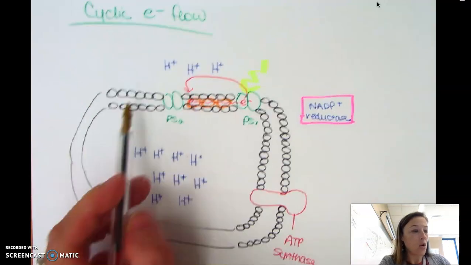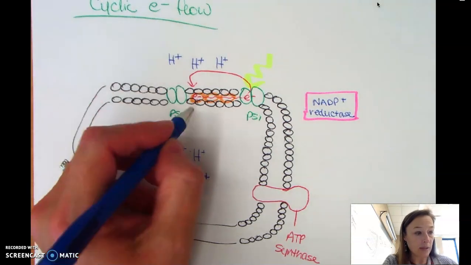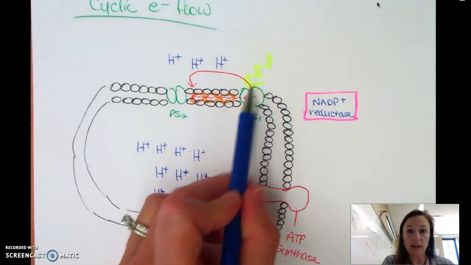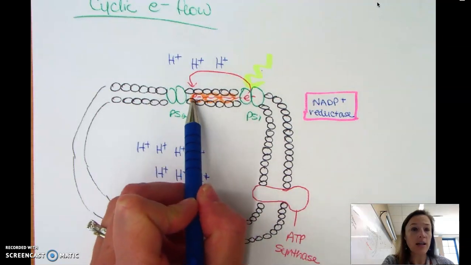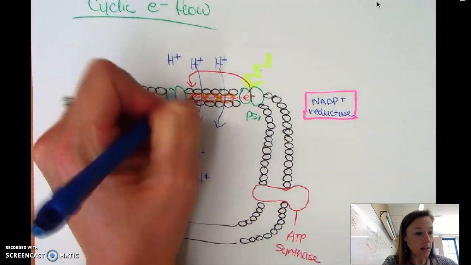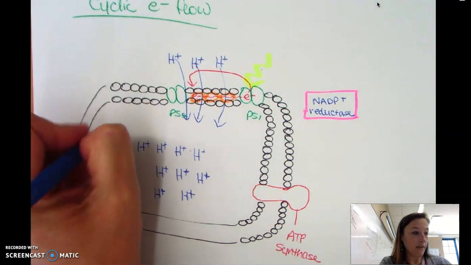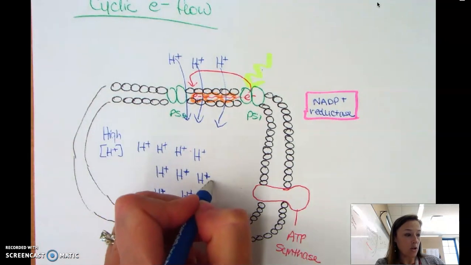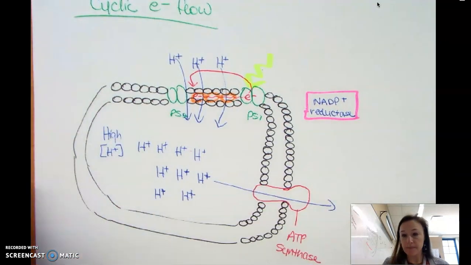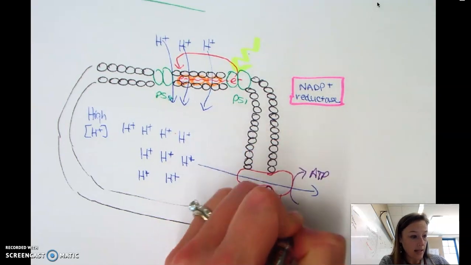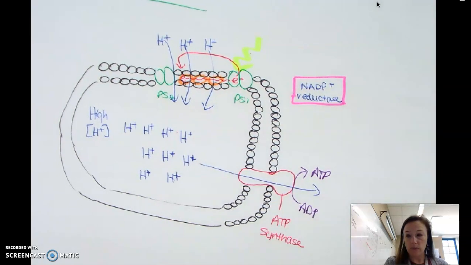What this means is because we're doing this electron transport chain, remember these electrons got energy from this sunlight, so they're high energy coming in here. They're giving their energy to those molecules and they can pump those H's in, which means we still have a high concentration of H plus in here, which means they can still come out, which means we can still produce ATP from ADP, okay?